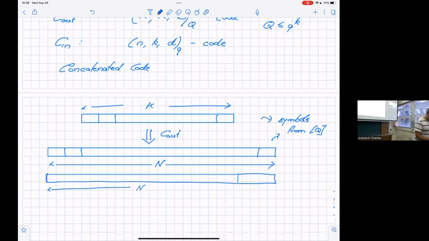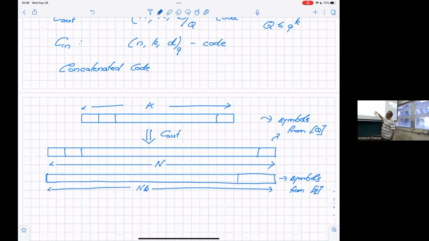Now it's N small k symbols from small q. That's it. Each symbol over here was a string coming from capital Q. You think of it not as a capital Q symbol, but as a k element string coming from small q.